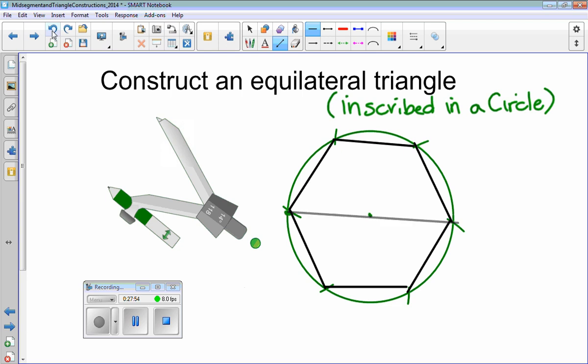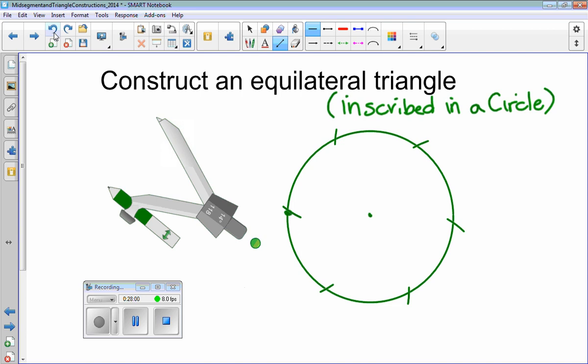But we're not talking about a hexagon. We wanted to do an equilateral triangle. Does anyone have an idea how we can use those 6 points to make an equilateral triangle? Right, use 3. It doesn't matter which point I start with. Pick any point you want. This is my favorite one. I don't know why, but I love it.